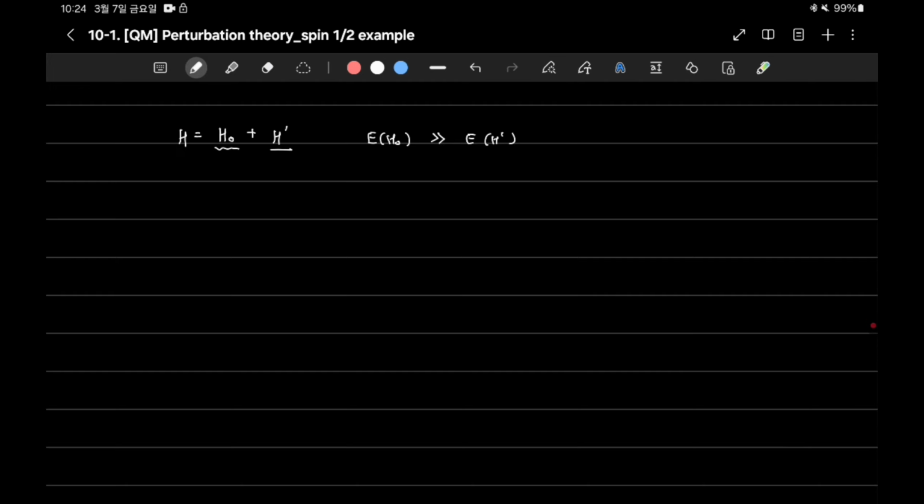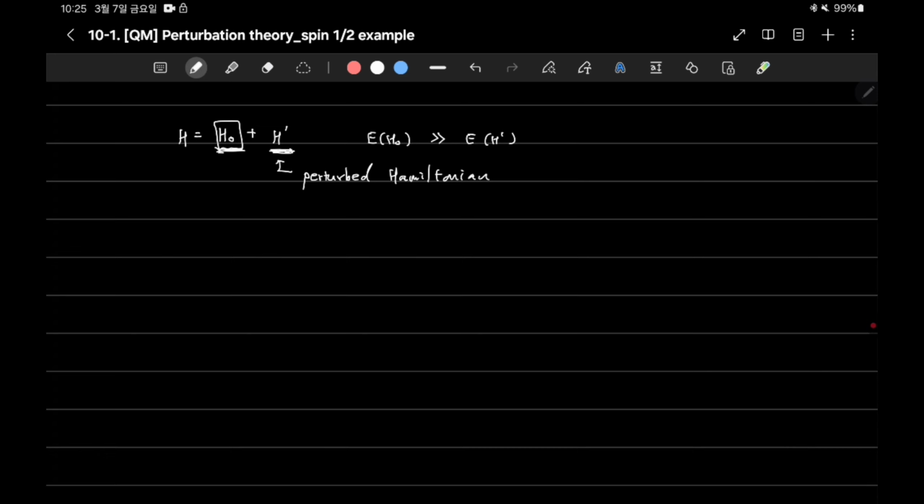If we think of it as a body and a tail, the body should be heavy compared to the tail; otherwise the tail can have a significant effect on the body. So the energy scale of the perturbation should be very small compared to the exactly solvable Hamiltonian H0.